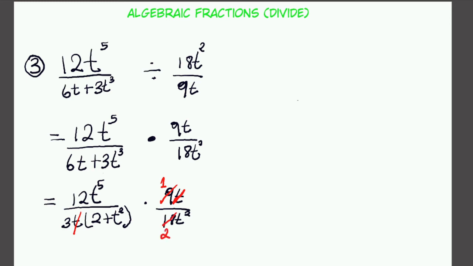We also know that t squared here can go into t to the 5th to leave t cubed. 3 goes into 3 once, but 3 goes into 12 4 times. Anything for us to cancel? Yes, there is. 2 here can cancel itself, leaving us with 1, and it goes into 4 twice. Let's see what we're left with.